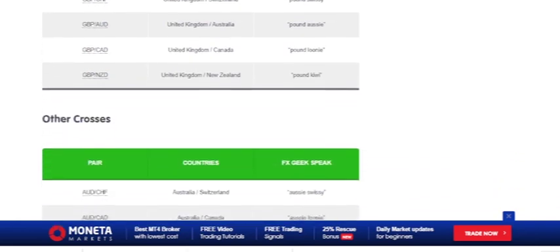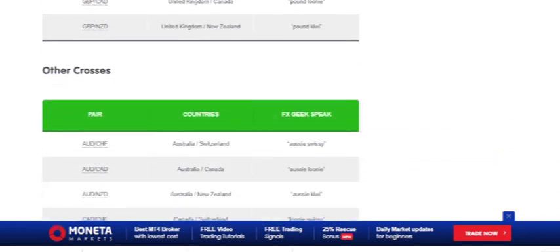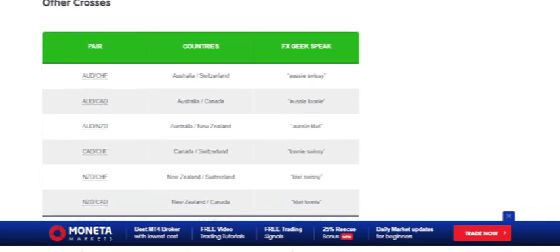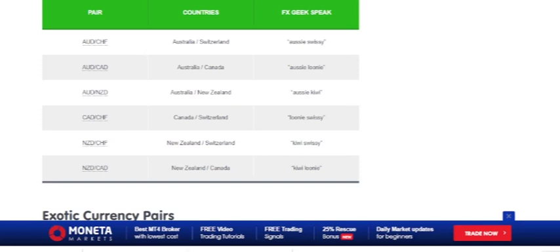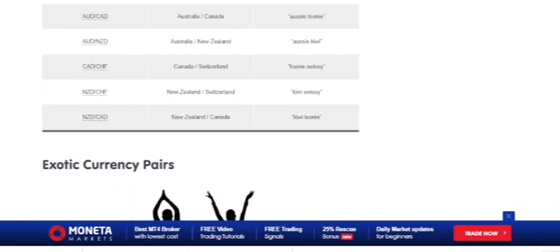And then other crosses, we have the Aussie Swiss, Aussie Loonie, Aussie Kiwi, then Kiwi Loonie. You get to know each and everything. So the more practice you make, the more reading you make, or the more you watch this video, you will get to know these currency pairs.